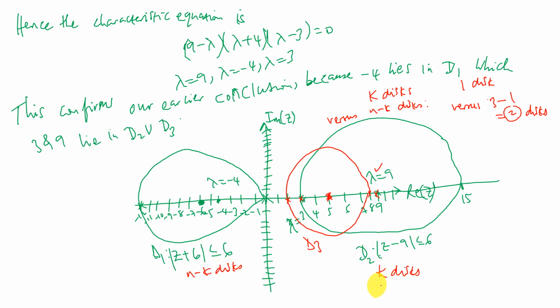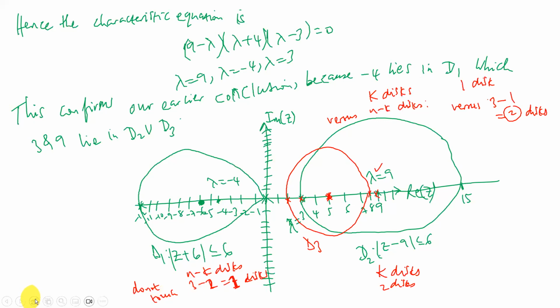Therefore if you have 2 disks that do not touch the others, it's 3 minus 2, which is 1 disk. They do not touch the 3 minus 2, which is 1 disk. All right, so we have that.